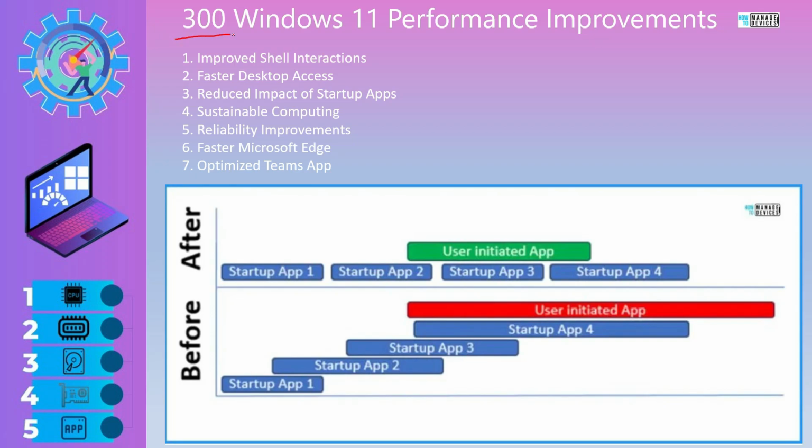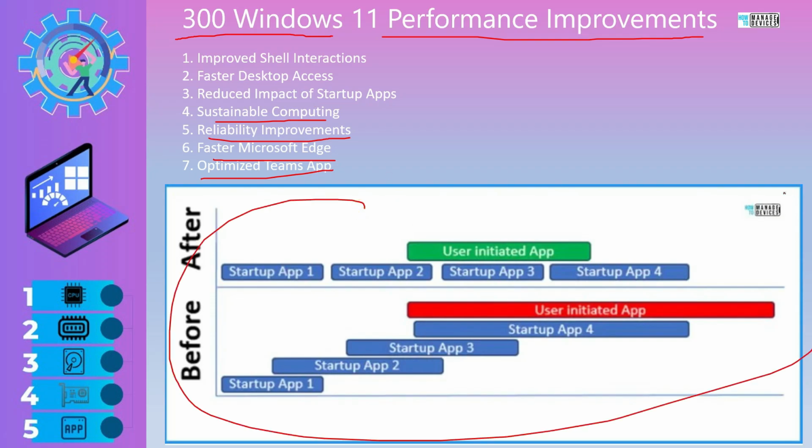Microsoft claims there are 300 plus performance improvements in the latest versions of Windows. This includes optimized Teams application, faster Microsoft Edge. There are reliability improvements, sustainable computing related improvements, startup program or startup application impact related improvements, as you can see over here, faster desktop access kind of improvements, and improved shell interactions.